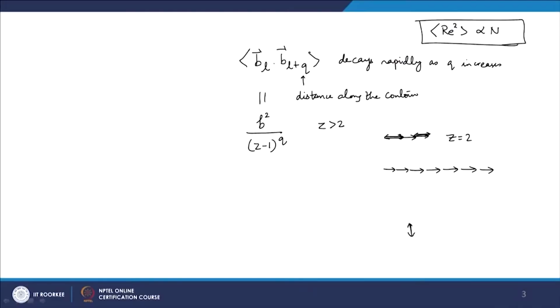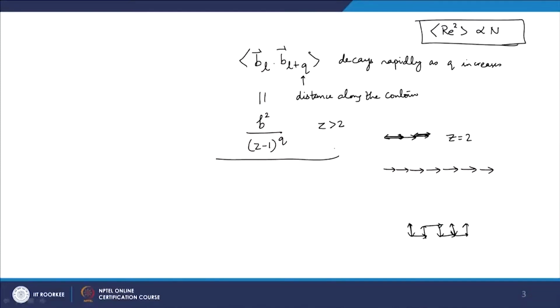That goes against the idea that the chain can take many conformations. That does not happen for z equal to 3 or higher, because in that case, even for a 2D walk, even if I fold back, I can explore the other direction, I can again fold back here, explore another direction and so on. So, it need not be a straight line, right.